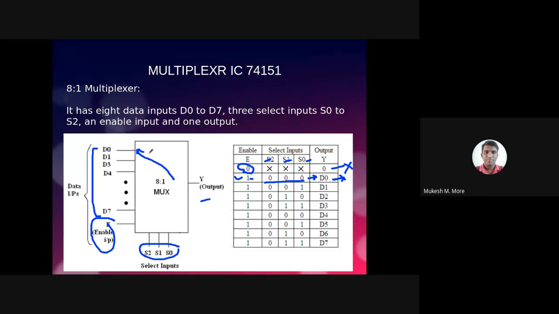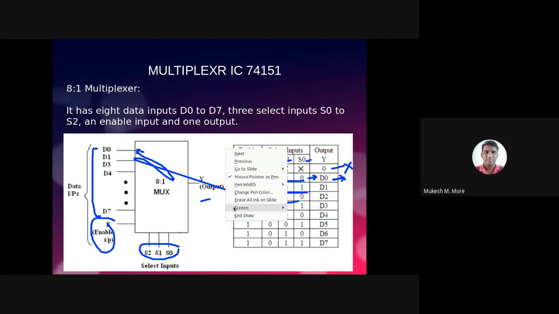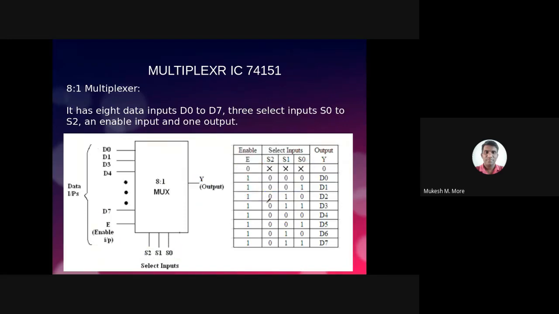In the same way, the next entry is 0, 0, 1, which selects D1. Then D2 is 0, 1, 0, so it will select D2. So D2, D3 up to D7 will be selected.